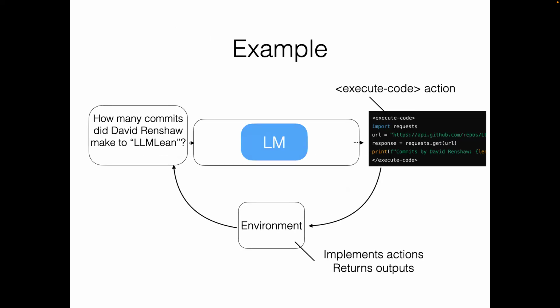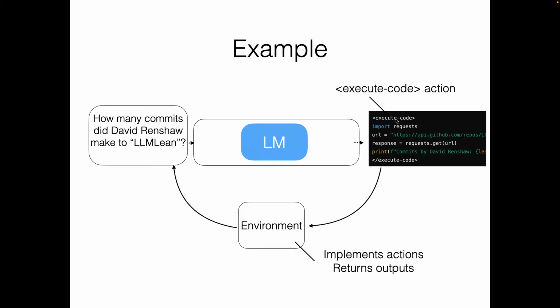To walk through an example, there's this repository called LLM Lean, and the task is: how many commits did this person, David, make to this repository? Let's say I give the model this execute code action.